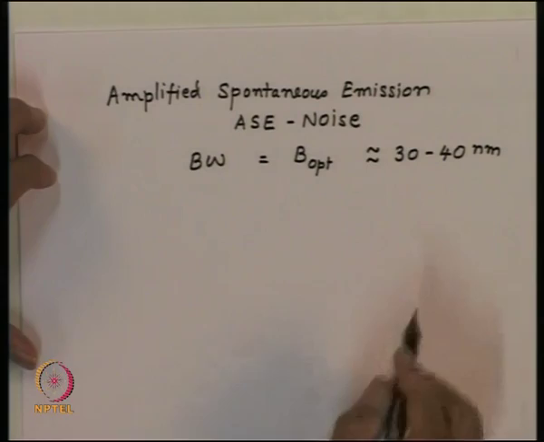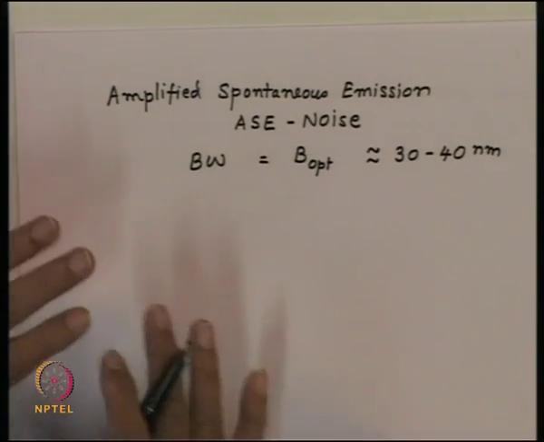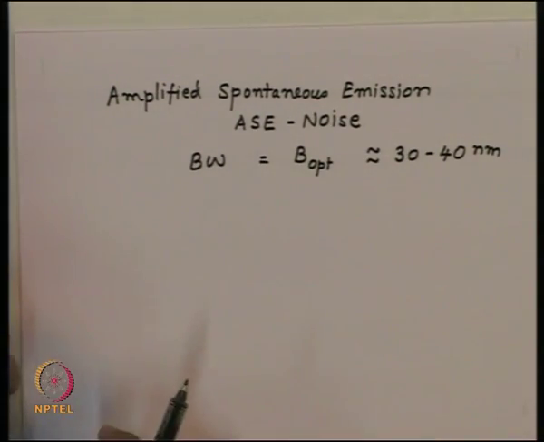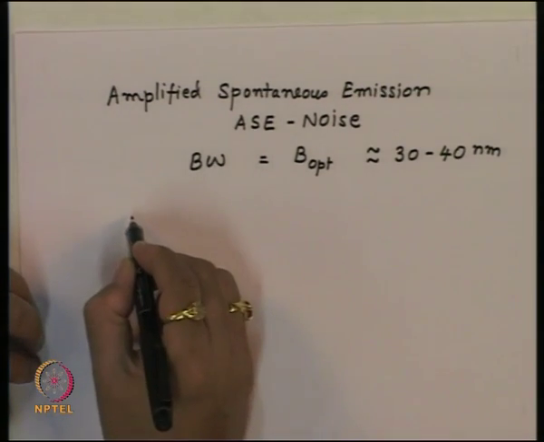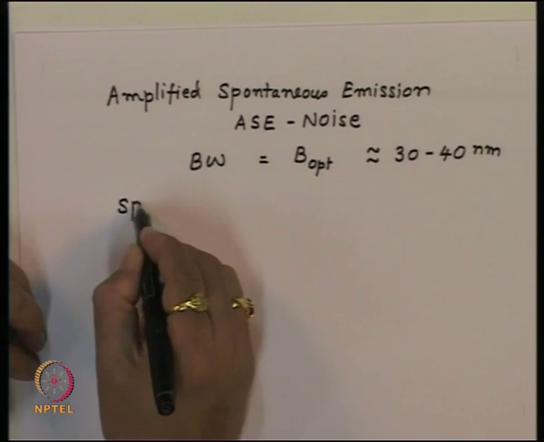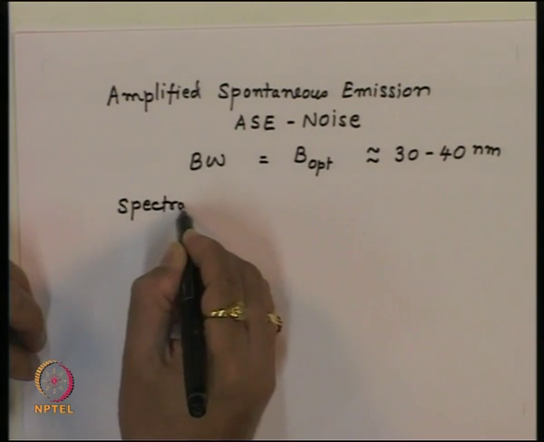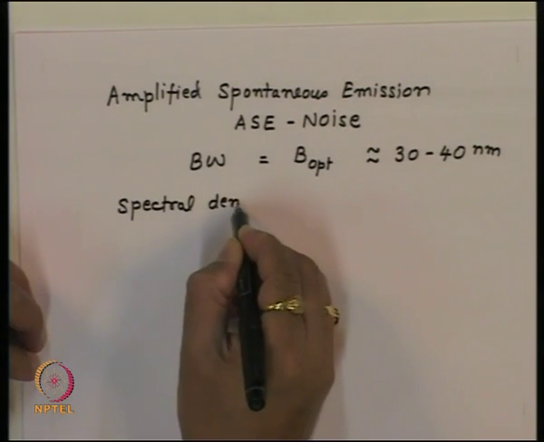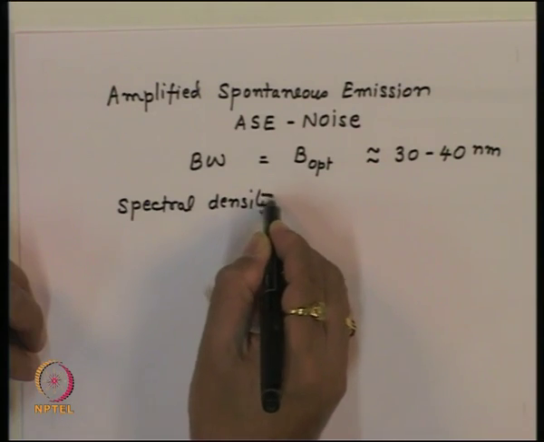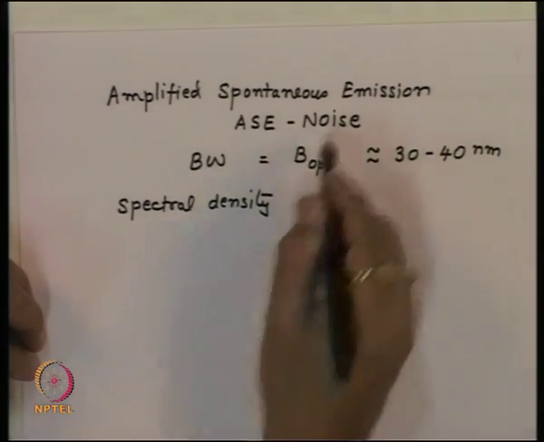We can now define the spectrum, assuming that the spectrum is practically constant in this band without worrying about a small variation which we have. So we can get a spectral density of the ASE noise.